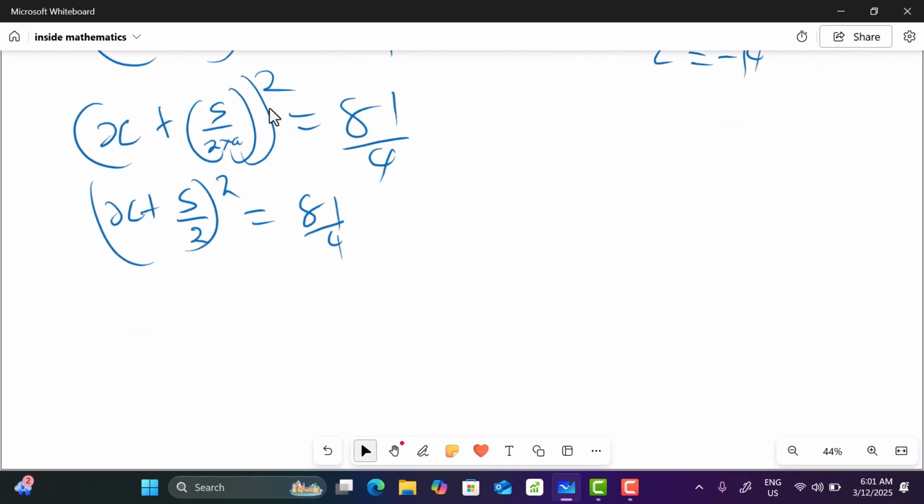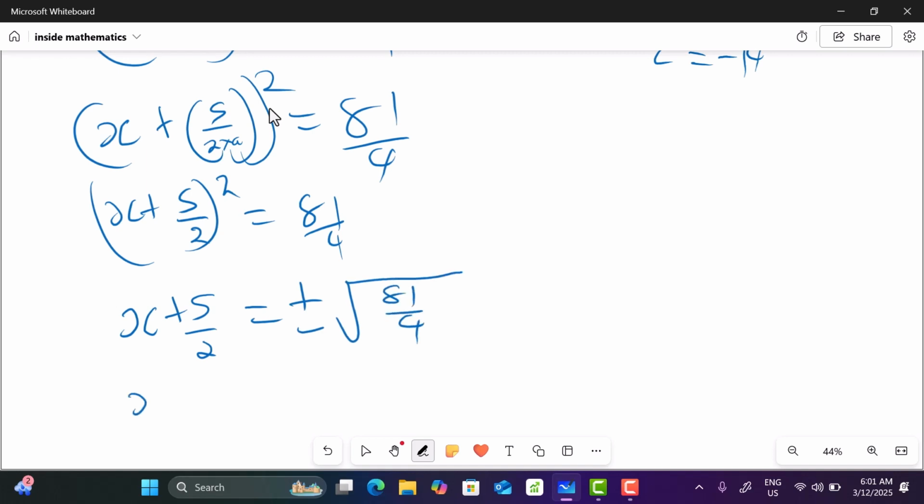So what we do when we say completing the square, it means we take the square root of both sides. We get x plus 5 over 2 equals plus or minus the square root of 81 over 4. So x equals minus 5 over 2, plus or minus, I take this to the other side, the square root of 81 is 9, and the square root of 4 is 2.